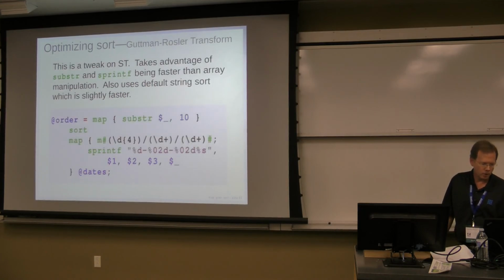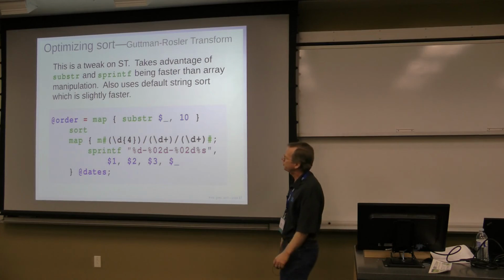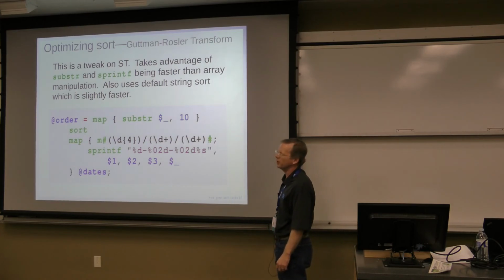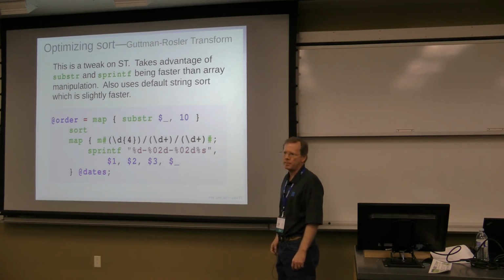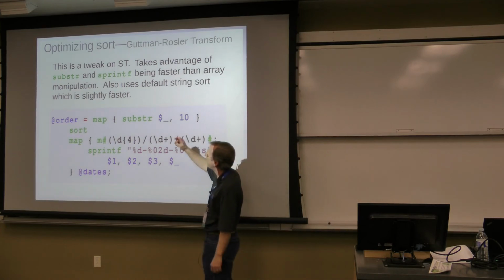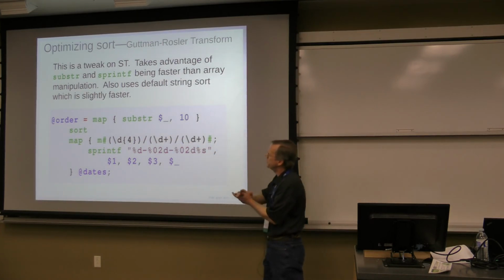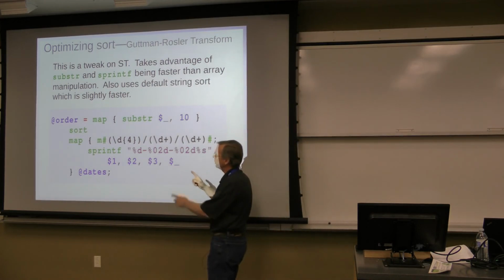There's another form called the Guttman-Rosler form. This is faster than the Schwartzian transform, but it's quite complicated. And you have to do quite a bit of custom work for each one, because what you're doing essentially is bypassing the building of the parallel array by building a string.